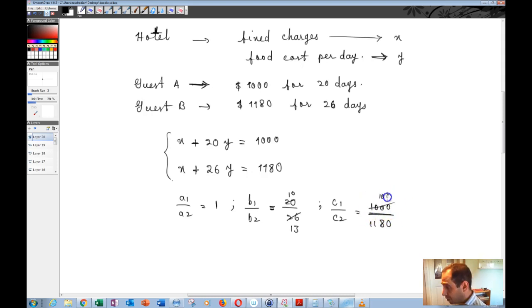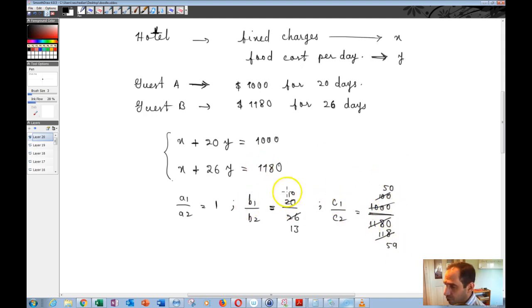Divide by 10, you get 100 and 118, and then 59 over 50. Doesn't matter. You will have a unique answer over here.